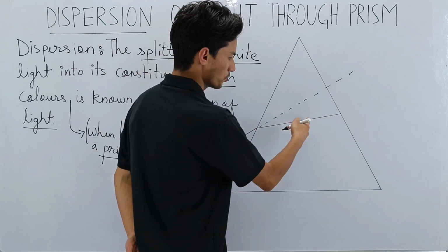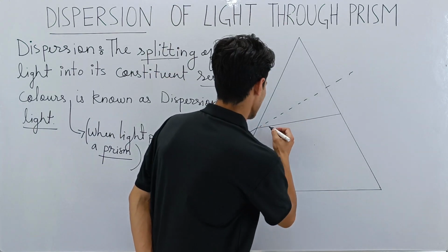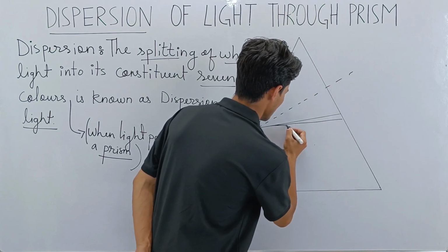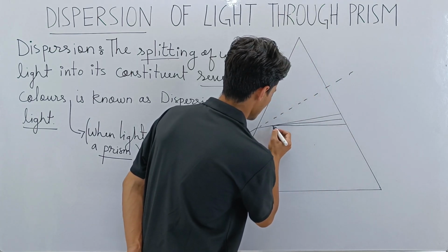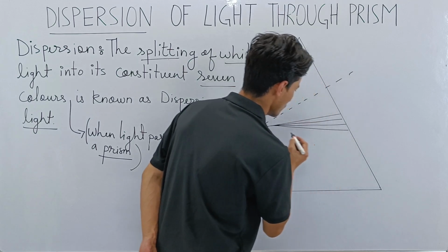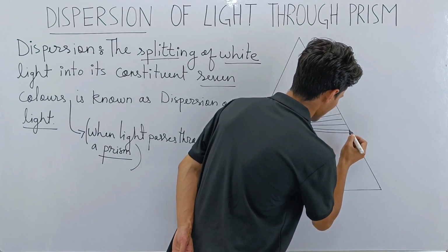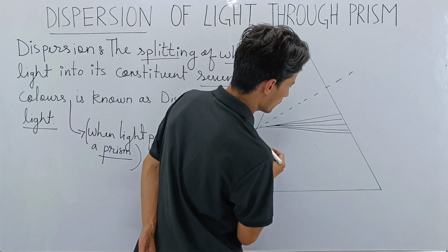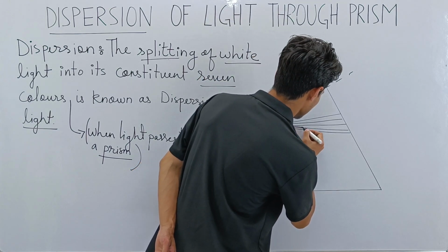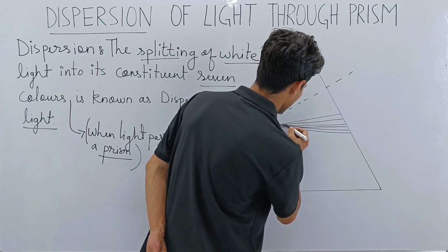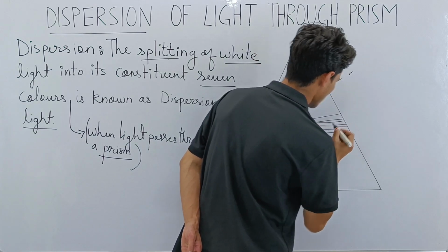So I have to draw 7 more. One gone, then 2, 3, 4, 5, then let us take 6, then 7.